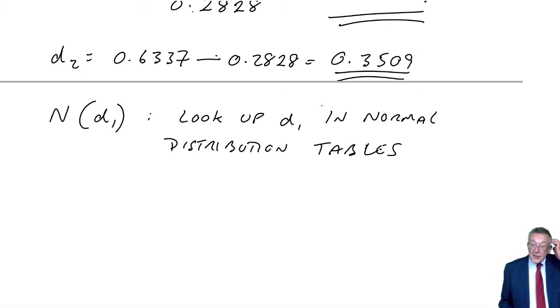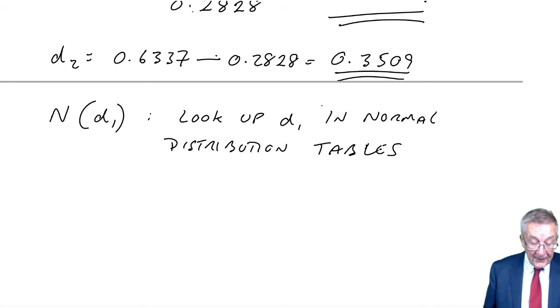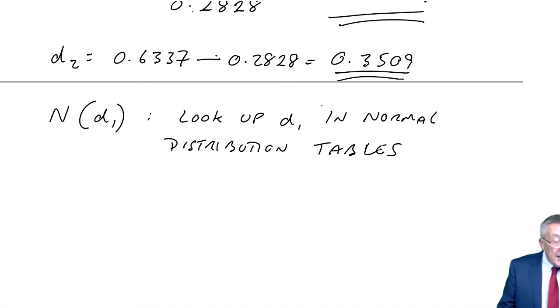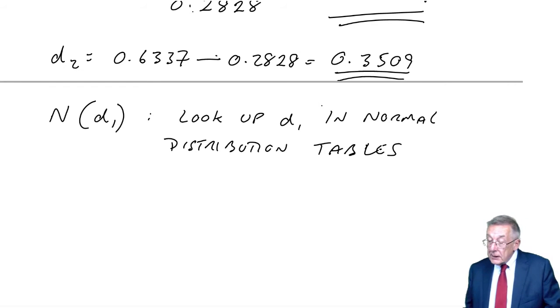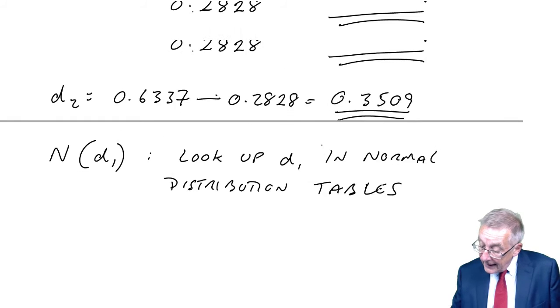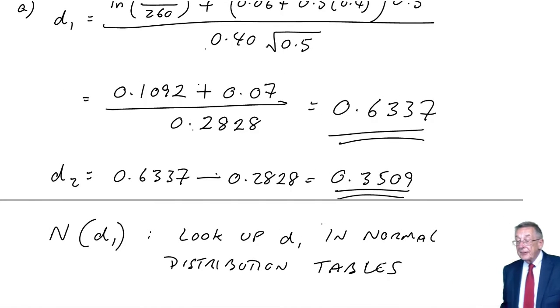Now, in a minute, I'm going to have to add something to that. But just check what I mean. We got D1 to be 0.6337. Now, when you come to use normal distribution tables, we've seen them before, but I'll check you again.